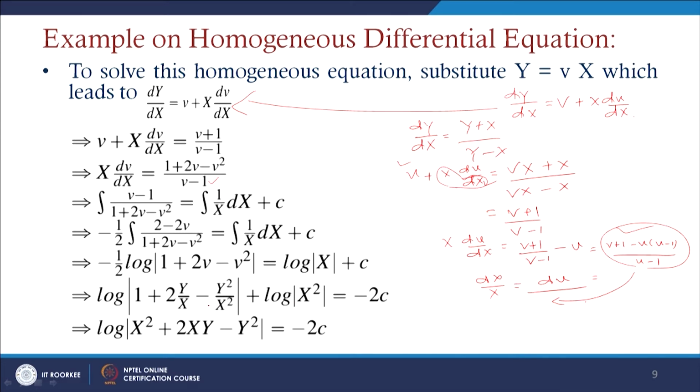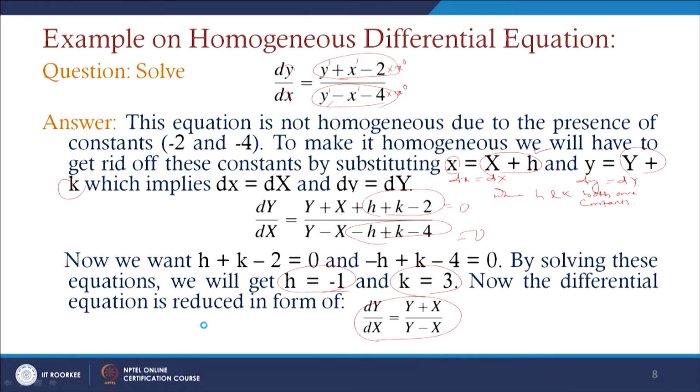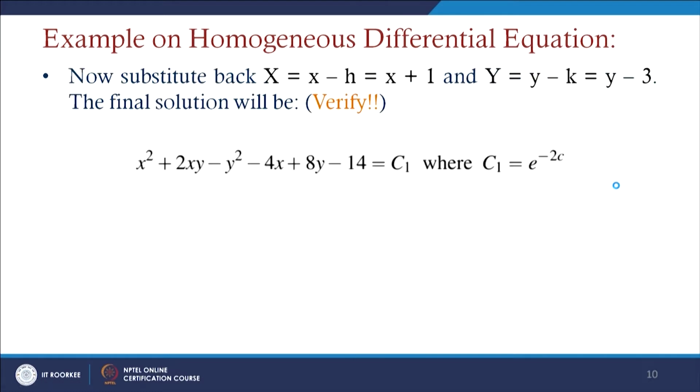And the complete solution is represented as log of (X squared plus 2XY minus Y squared) equals minus 2c here. So once you obtain the solution in terms of capital X and capital Y, you can replace them. Since small x is capital X plus h and small y equals capital Y plus k, we can substitute those terms.